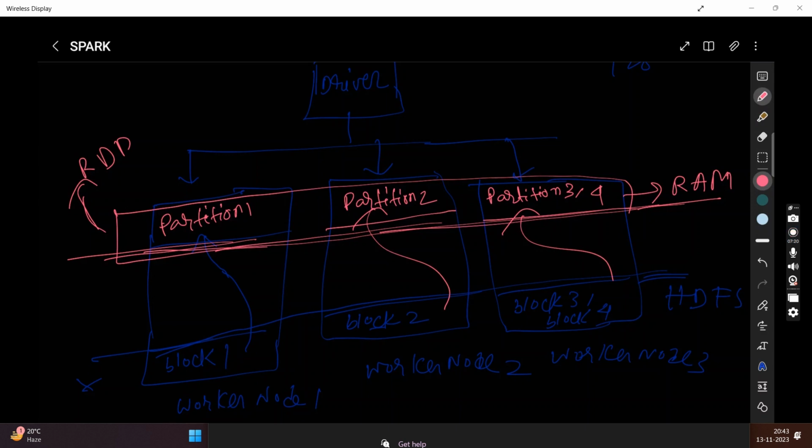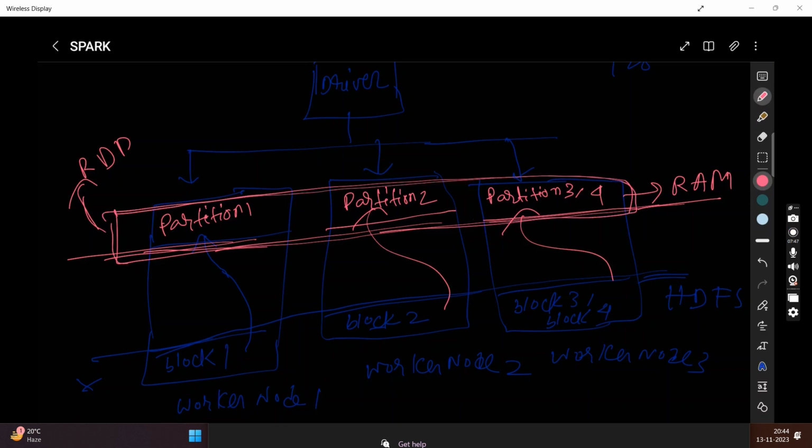That's why, if you remember, we called it a resilient distributed dataset, because it is distributed among these 3 worker nodes, among multiple worker nodes. That's why the data is distributed, and we call this whole thing one RDD.